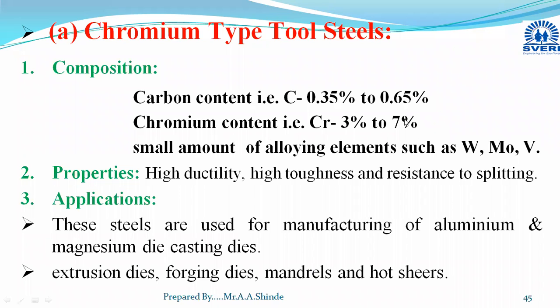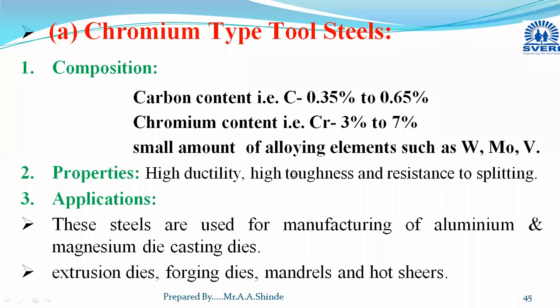And in addition to this carbon and chromium, some small amount of other alloying elements like tungsten, molybdenum, or vanadium may be there. So this is the composition of chromium type tool steel.